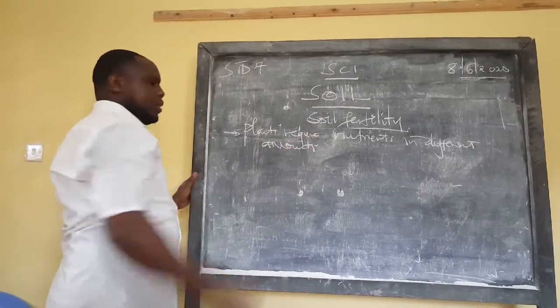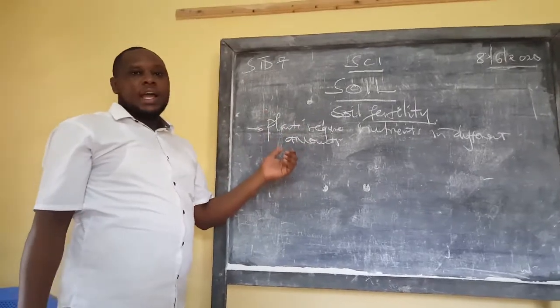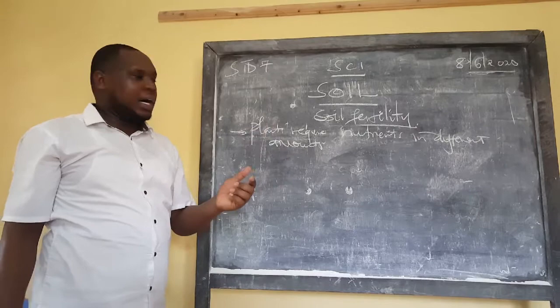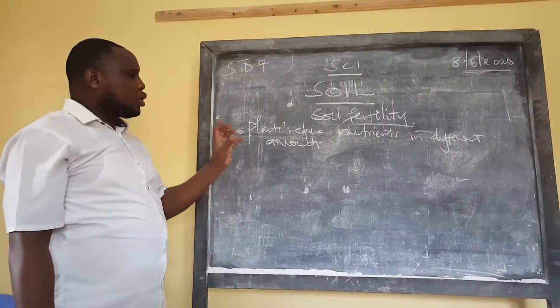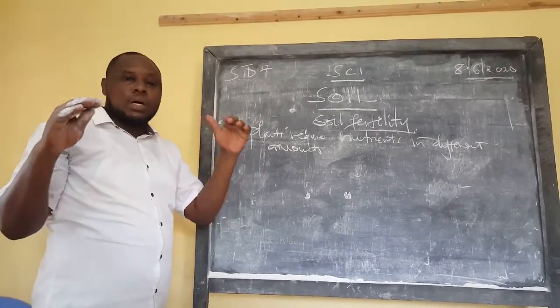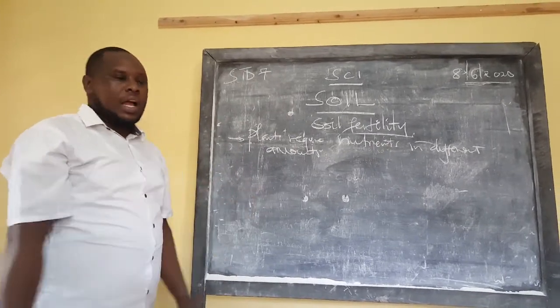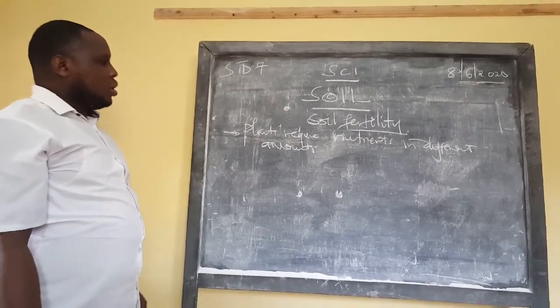You realize that this particular plant can be lacking some nutrients in a certain quantity. So there are those plants that require a lot of nutrients, and there are those which require very little nutrients.